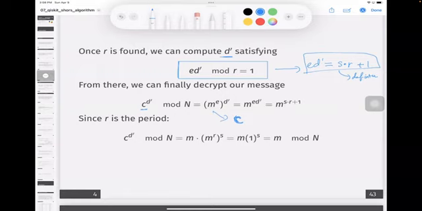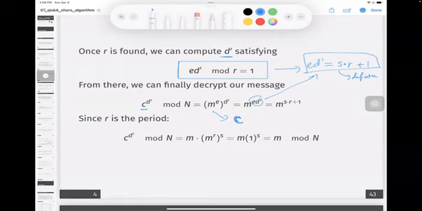Now, M^(E D prime) will then give you, since we know that E D prime here is equal to this one here, M raised to the S times R plus 1.